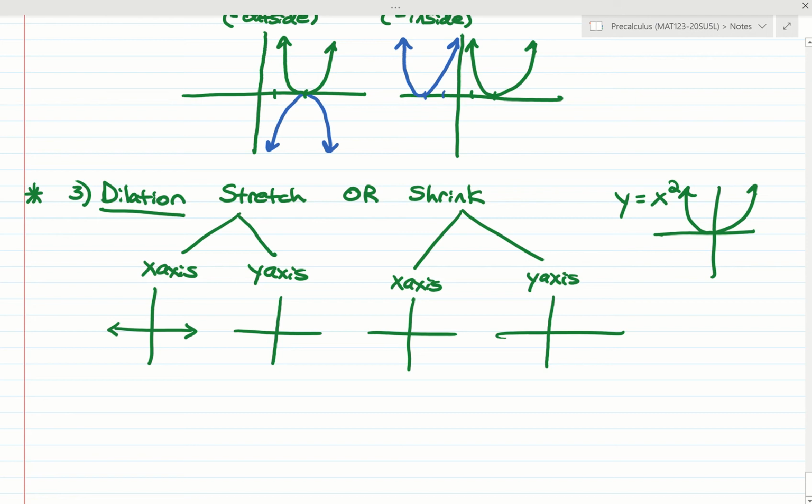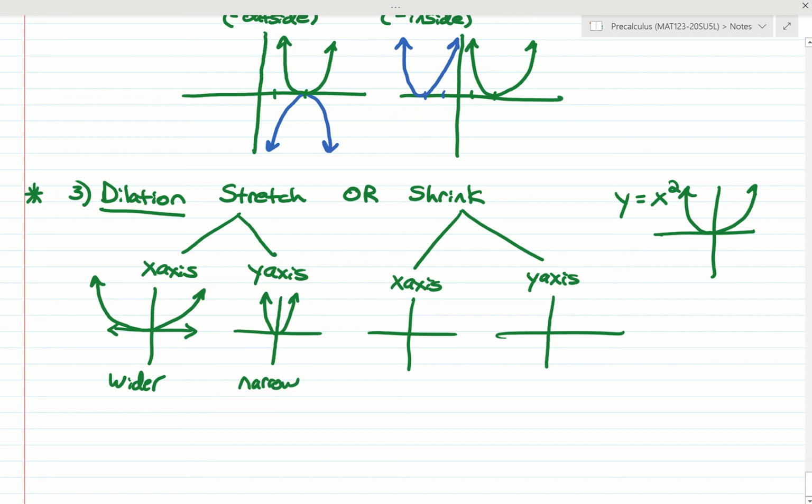And if we take our graph and we move it away, a stretch over the x-axis, it's going to look like that. It's going to be wider. If we're going to stretch it over the y-axis, imagine just kind of grabbing the top and bottom of the graph and pulling away. The graph's going to look narrower.